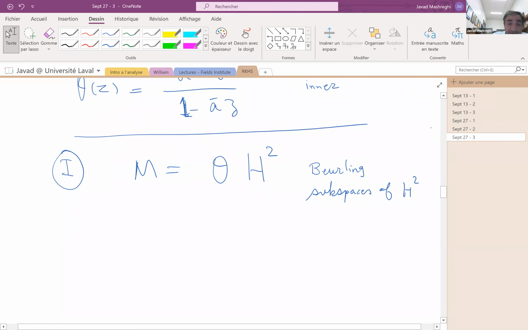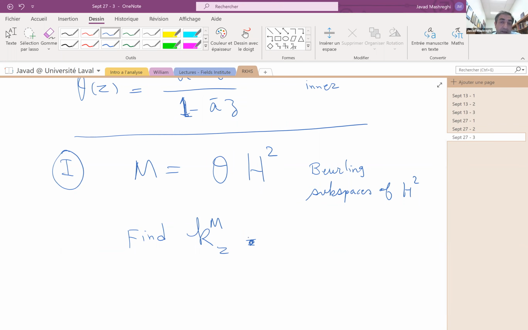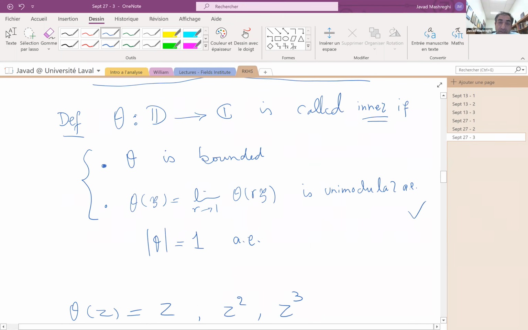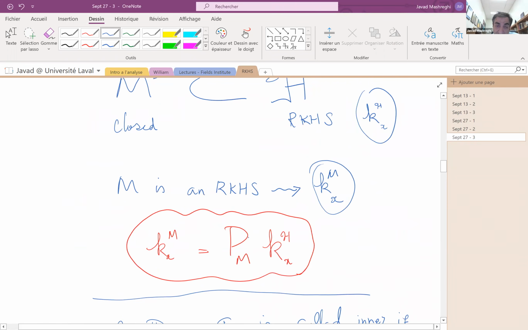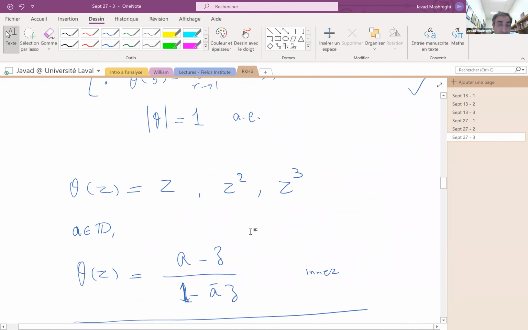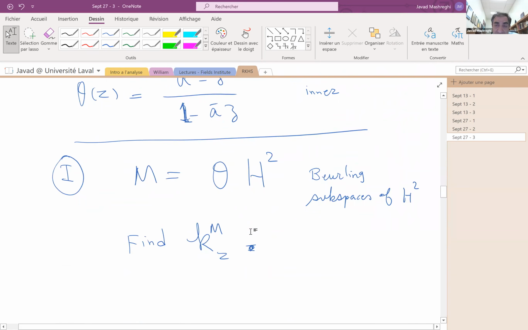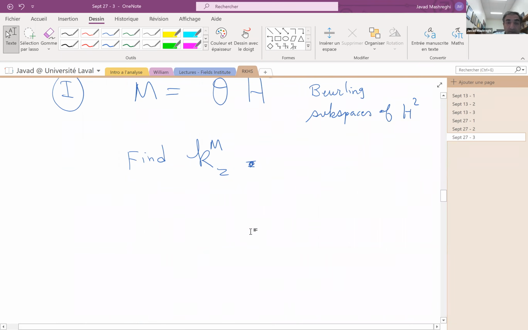Question for you: find K. What is the kernel for Beurling subspaces of H2? This formula, in a sense, can help you. You can find the projection and then project the Cauchy-Szegő kernel and find the kernel you are looking for. Direct verification also is possible. You guess a formula and directly verify it.